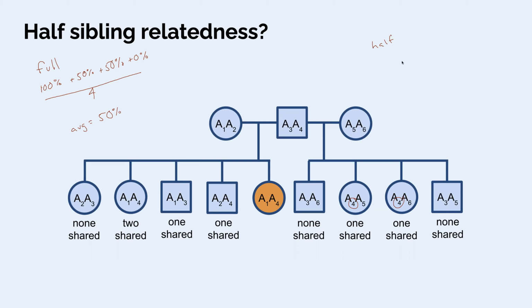So of the 4 possibilities in the Punnett square, 2 of those are half related, and 2 of those are not related at all. You just didn't get the same allele from dad. Divided by 4, the average now equals 25%. So 50 plus 50, 100% divided by 4, 25%. As you might expect, you are half as much related to a half sibling as you would be to a full sibling.